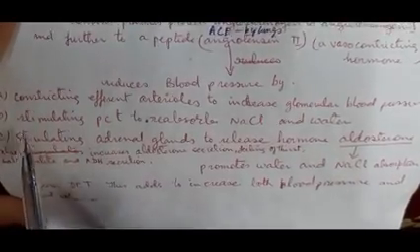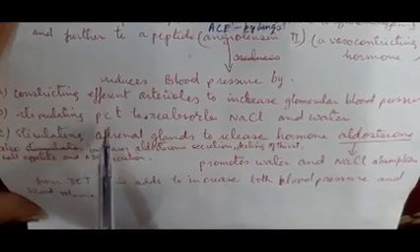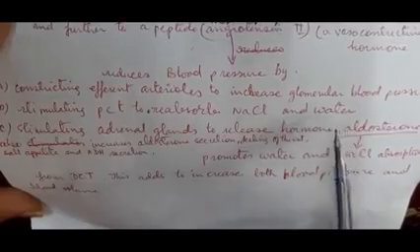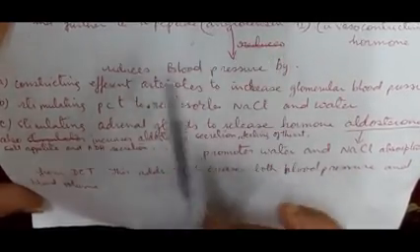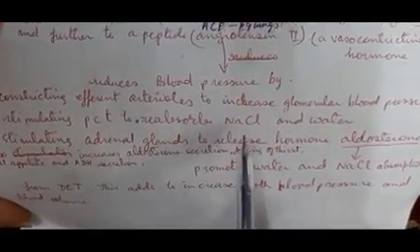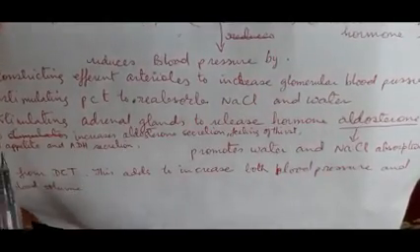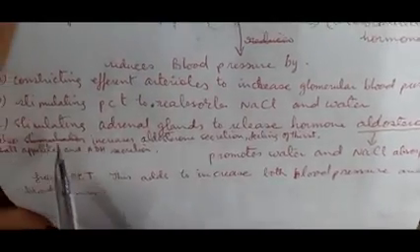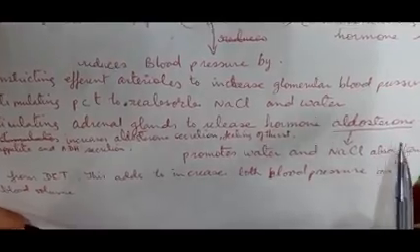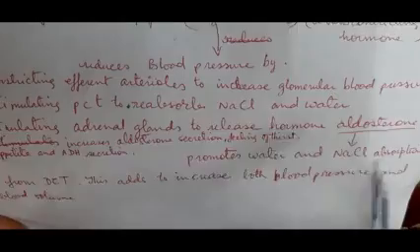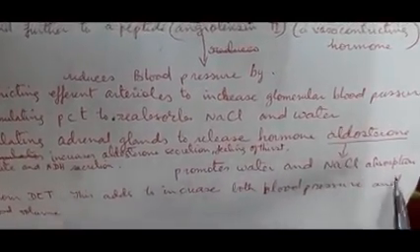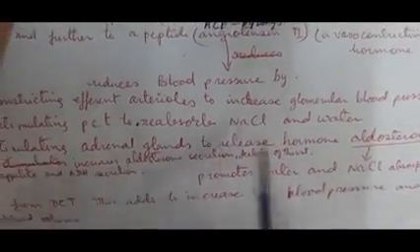It also stimulates the PCT to reabsorb sodium chloride and water. So by the release of this angiotensin 2, PCT will reabsorb NaCl and water. And it also stimulates adrenal glands to release the hormone aldosterone. The release of aldosterone will promote water and sodium chloride absorption by PCT.